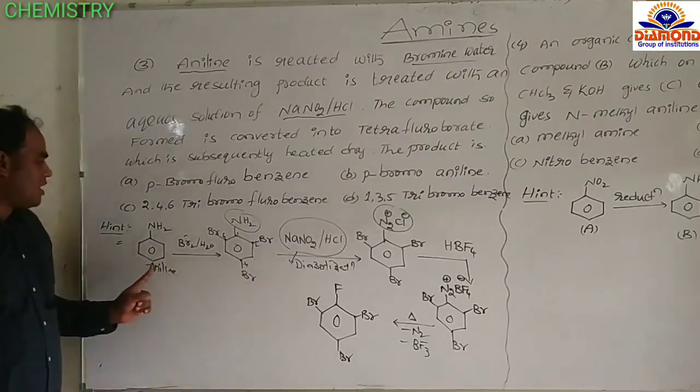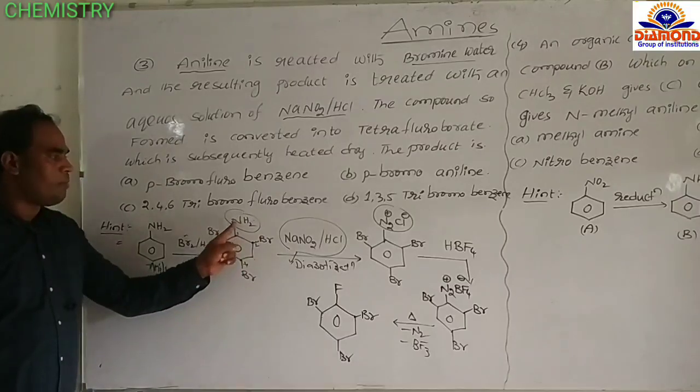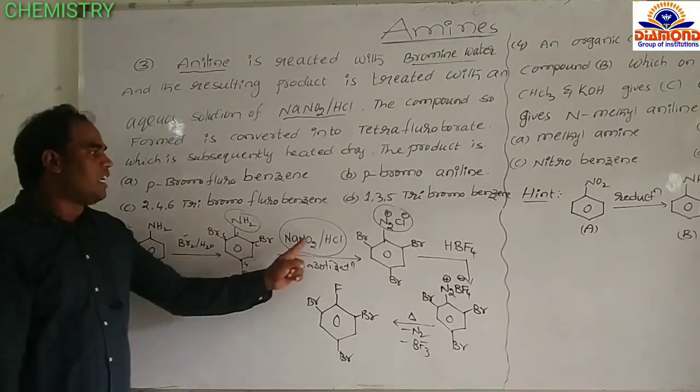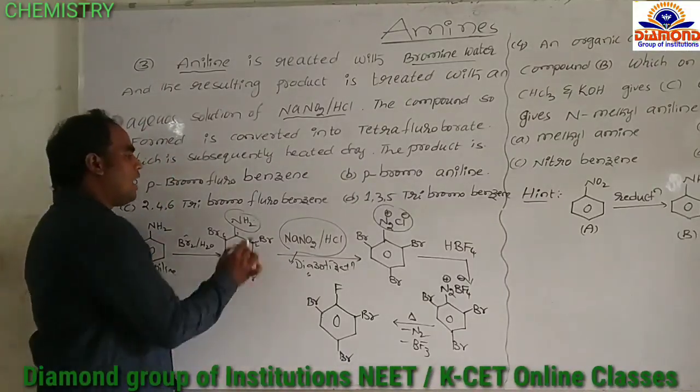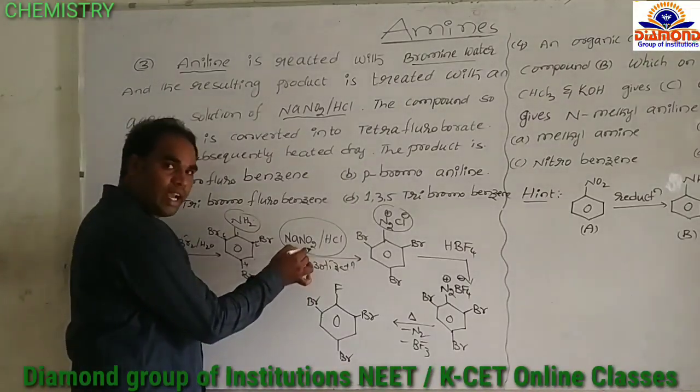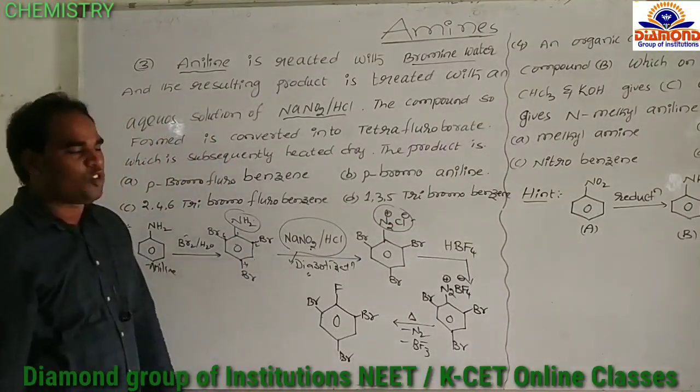So here first aniline reacts with bromine water, so we get 2,4,6-tribromoaniline. Now it is reacting with NaNO2 and HCl. This is the diazotization, student. So therefore, the aniline group in the presence of these reactants is converted to a diazonium salt.